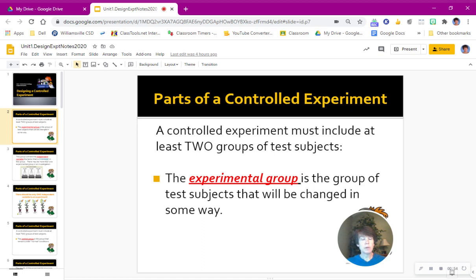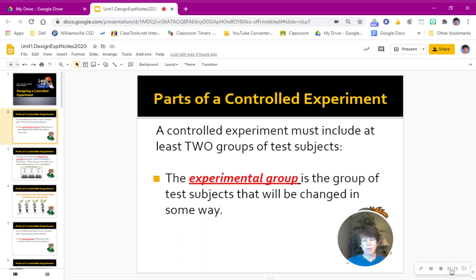So an experiment needs to have at least one experimental group, but there might be multiple experimental groups. For example, you might want to change the amount of fertilizer a plant is getting, and you're going to have 2 or 3 experimental groups. Each experimental group is getting different amounts of that fertilizer.